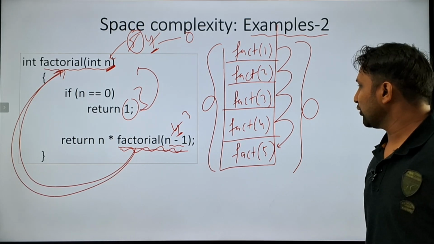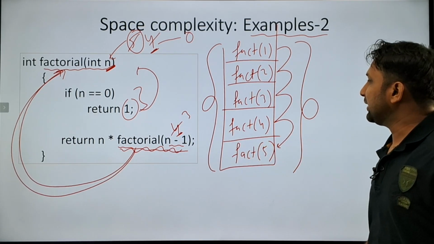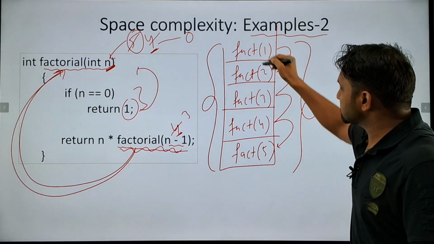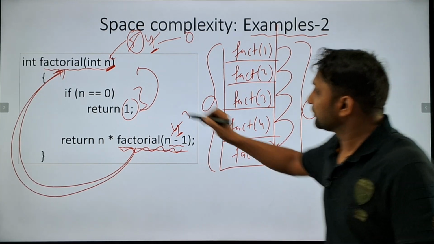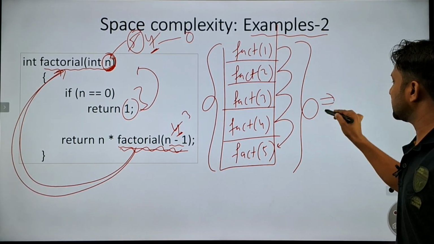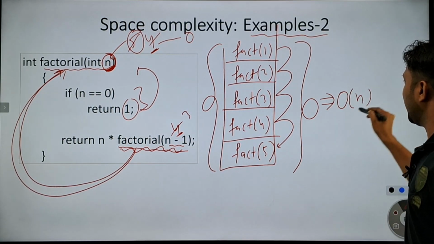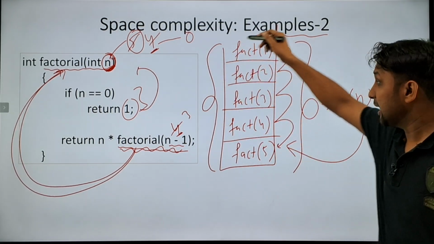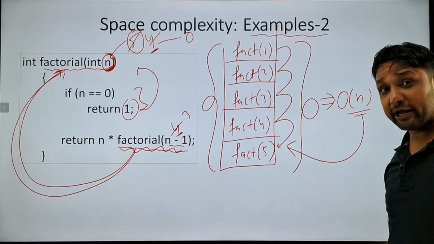The total space required here is 1, 2, 3, 4, 5. Five pieces of information you are storing inside this stack, which is actually the n value. So the total space required for this recursive code is order of n. This is the extra space, the auxiliary space, not the input space.